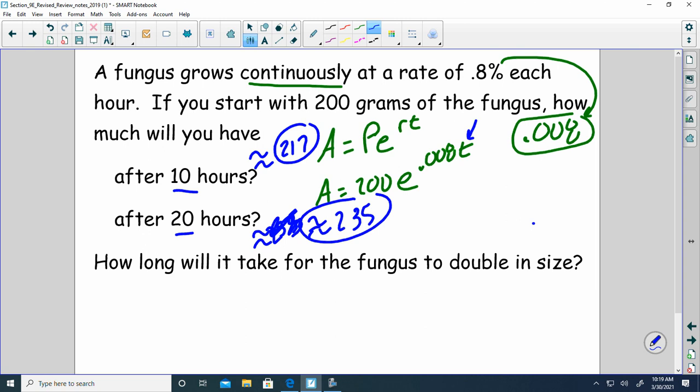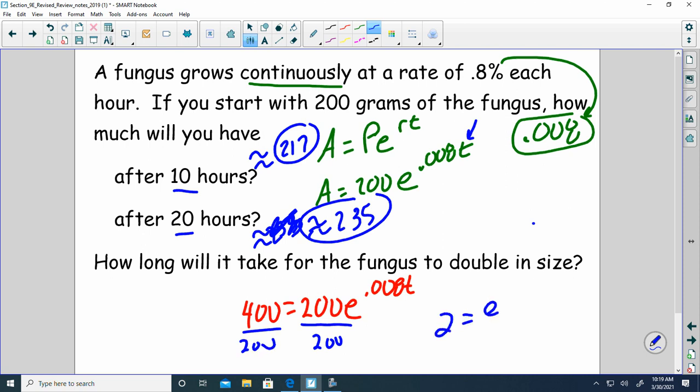And then, how long will it take for the fungus to double in size? So how can we know when it would get to this? What you should do at this point is start reducing it. So you'd get 2 equals e to the 0.008t.